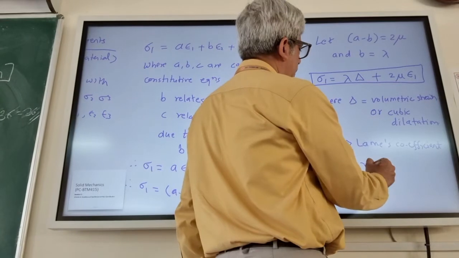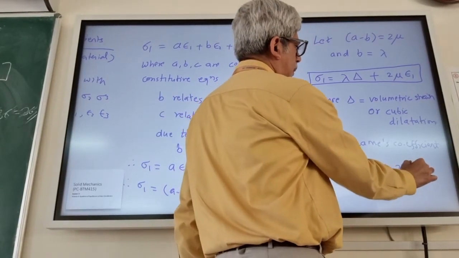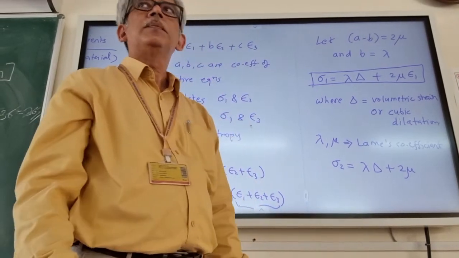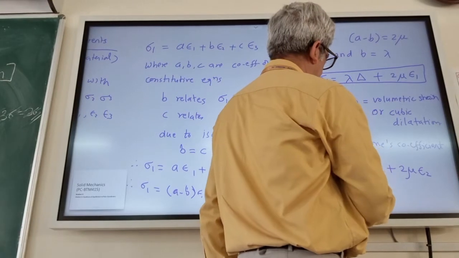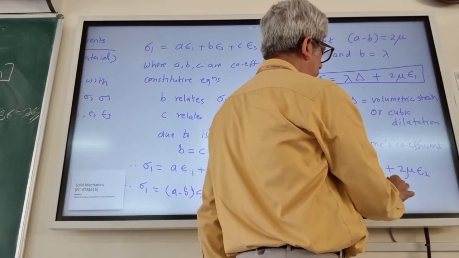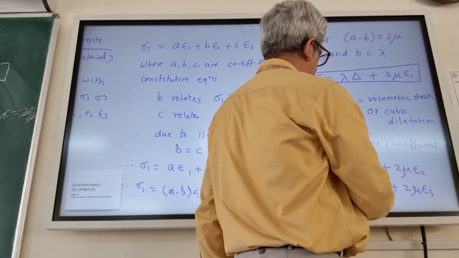So it will be lambda times delta plus 2 mu times epsilon 2, and sigma 3 will be lambda times delta plus 2 mu epsilon 3.